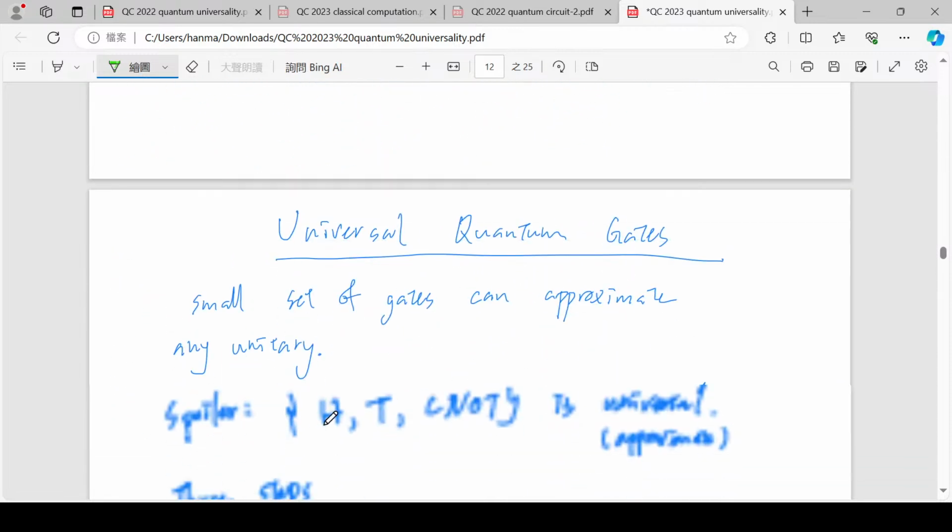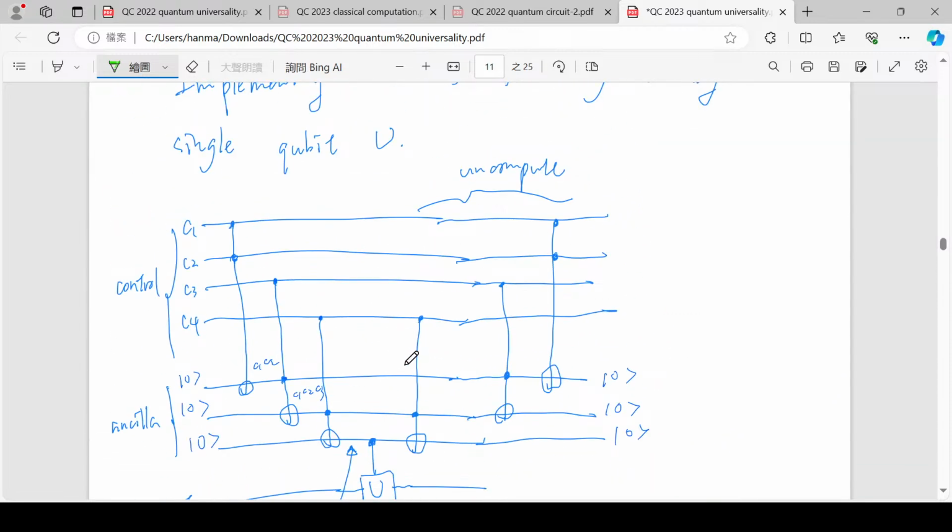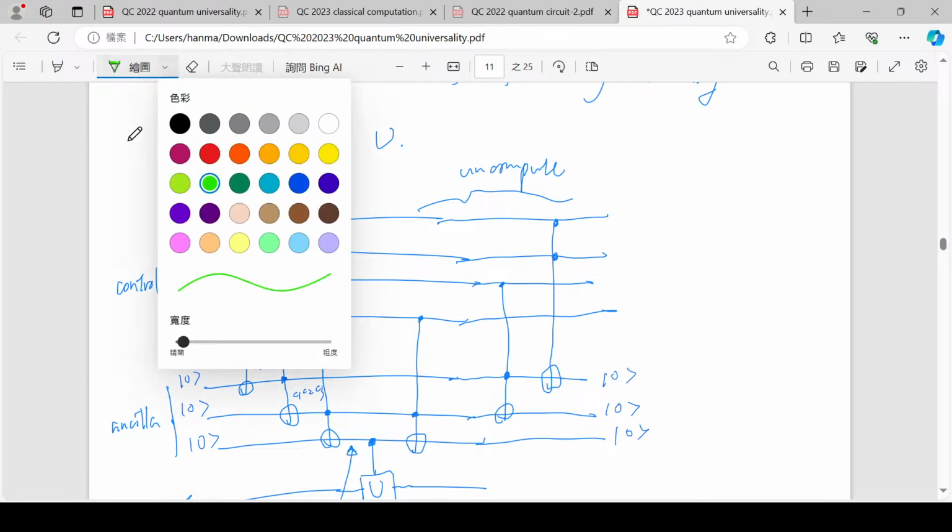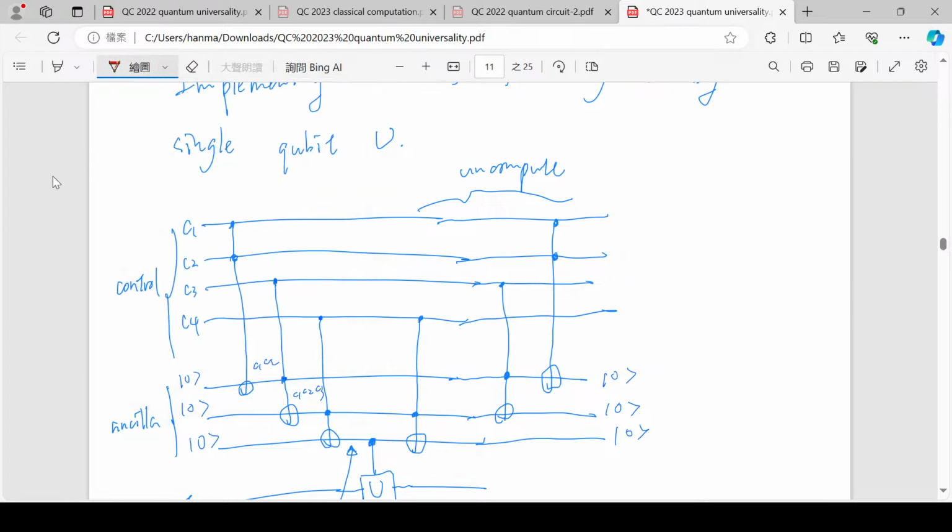And there is also something special: you can check in some special cases that the uncomputation is necessary. It's actually necessary, not just to return the ancillas to 0, although that's one of the effects.